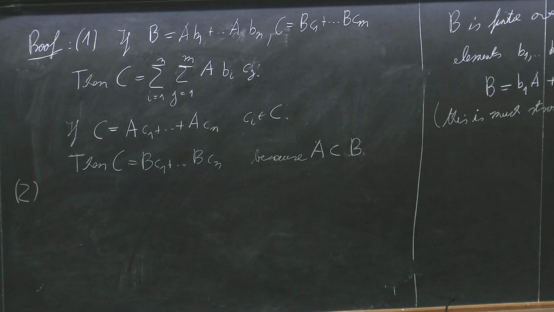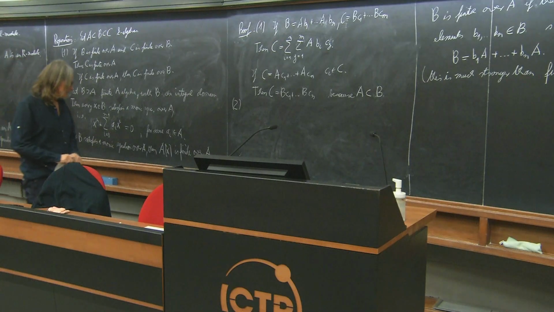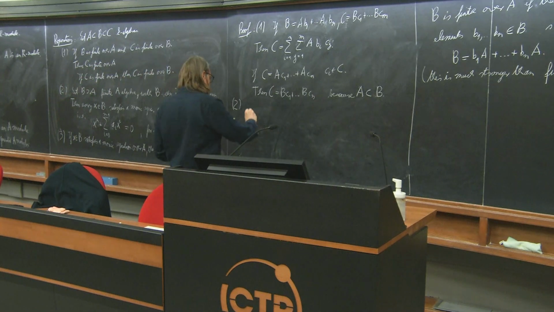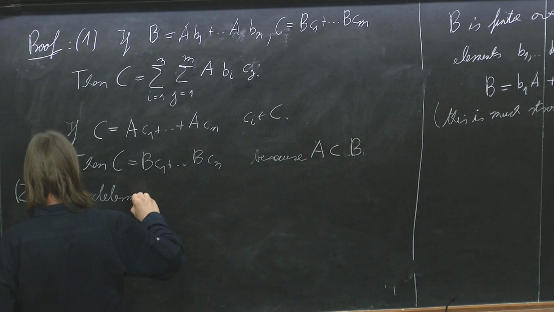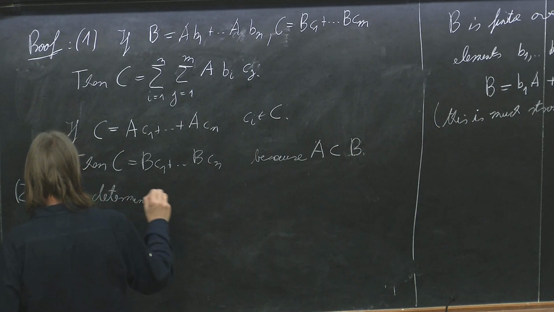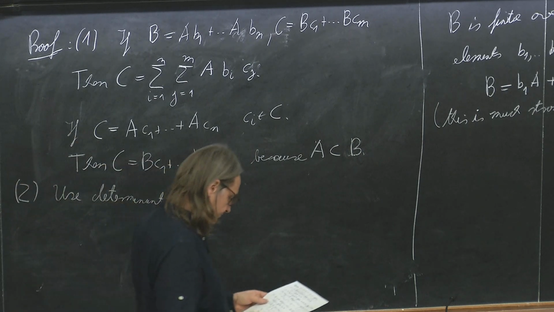The second statement is a bit more subtle because it's a priori not clear where this monic equation should come from. There's no trace of it in the question. B is finite over A, and that's it. And so where does the monic equation come from? So we do this, but we use the determinant that you know from linear algebra.